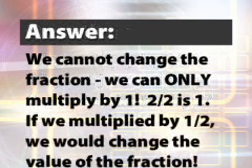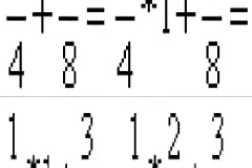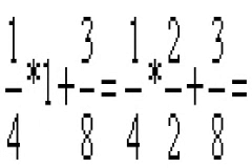Remember, if we just multiply by 1/2, we would change the value of the fraction. It would be worth 1/2 as much. What is 2/2? It is 1. So what happens when you multiply a number by 1? It remains the same. So by multiplying by 1, in this case 2/2, we did two things. 1, we did not change the value of the fraction. 2, we got both fractions to have the same denominator so that we can now add them.